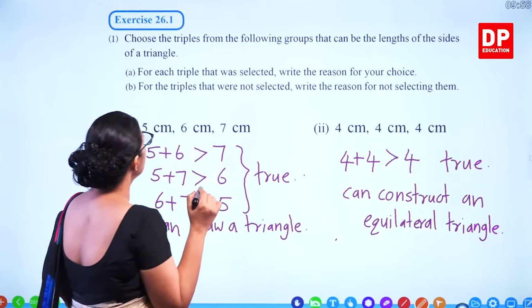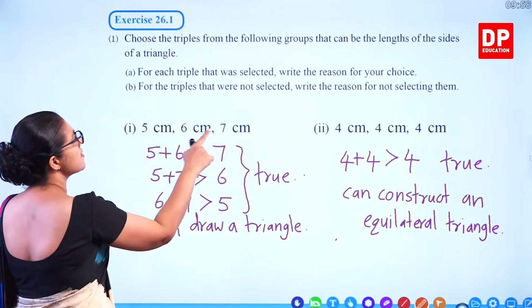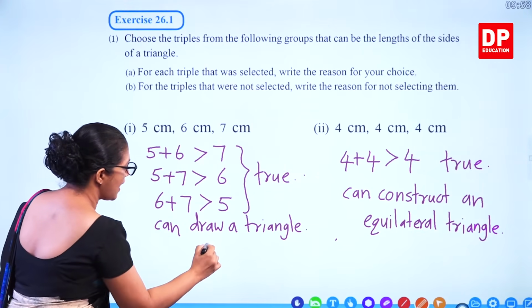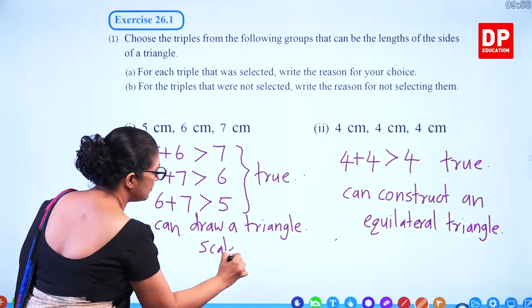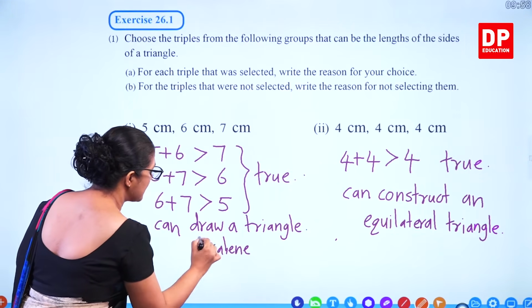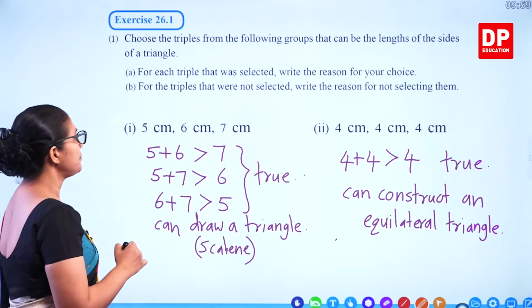What is this triangle, 5, 6, 7? It's a scalene. This is a scalene triangle.